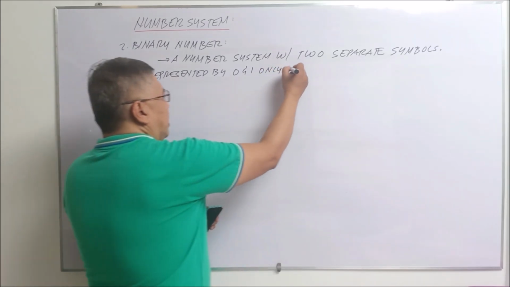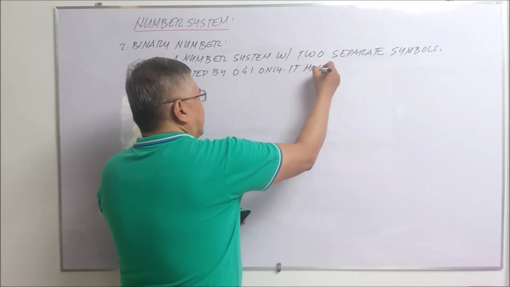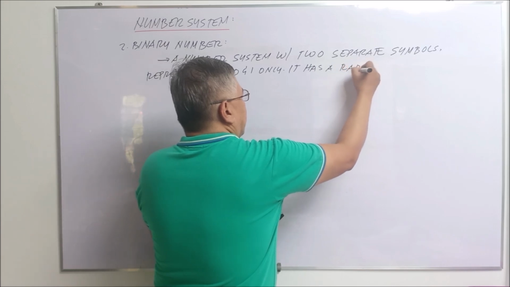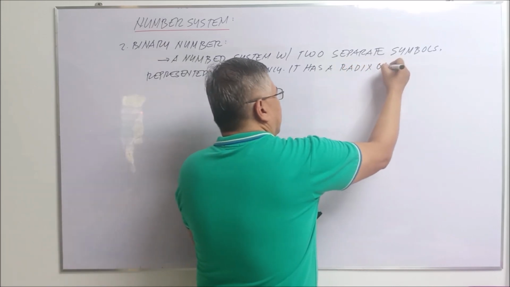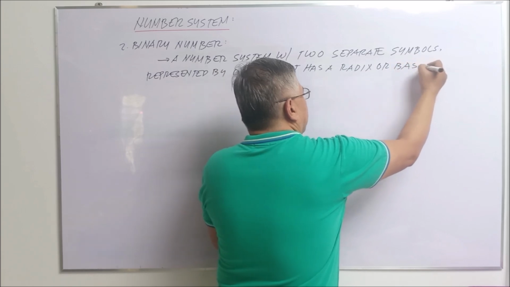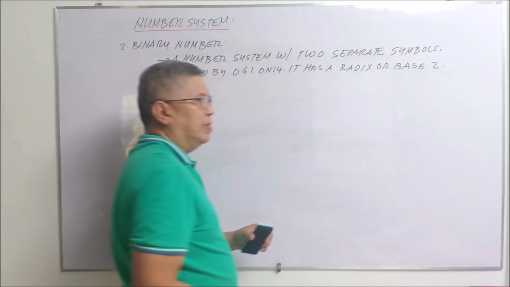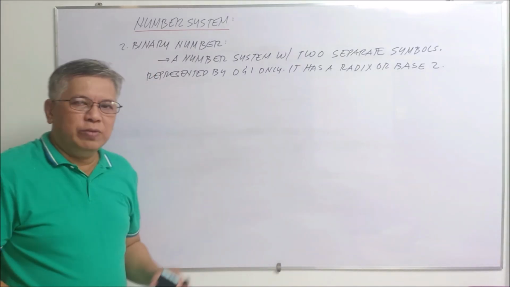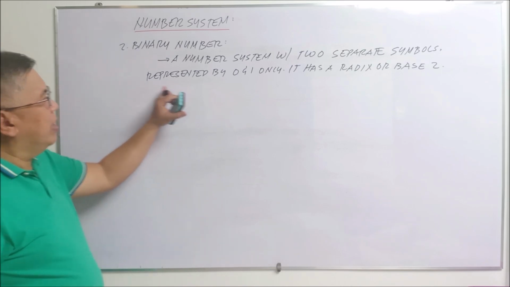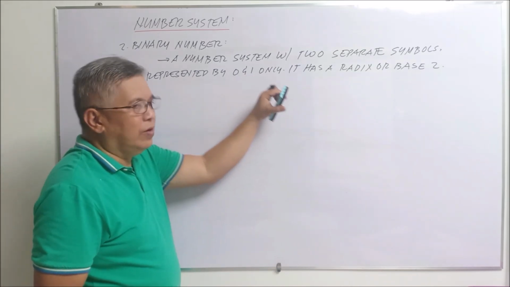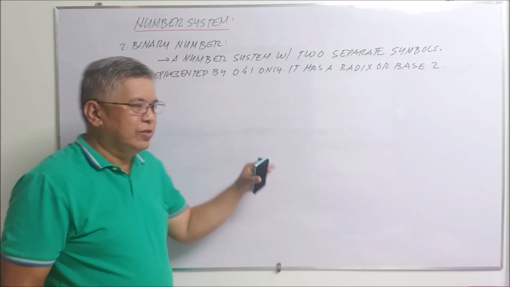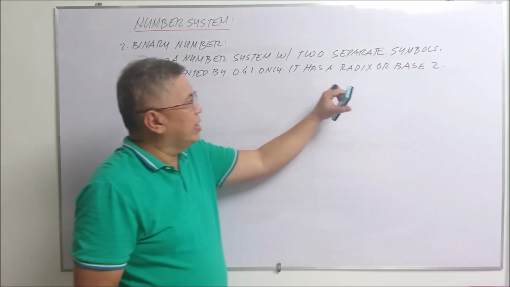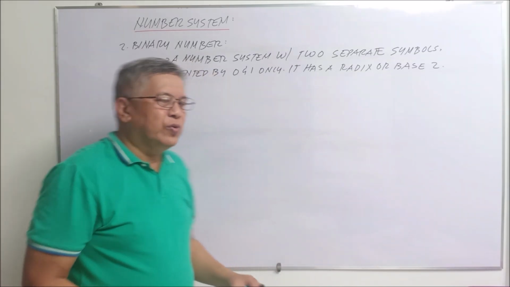It has a radix or a base of 2. So again, it is a number system with two separate symbols represented by 0 and 1 only. So, no 2, no 3, and so on. Only 0 and 1. It has a radix or a base of 2.